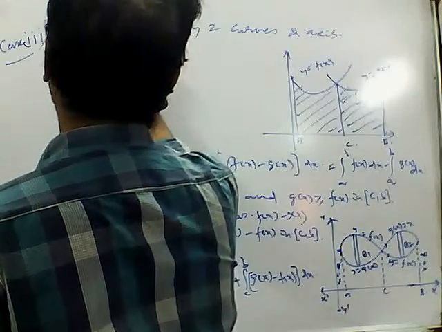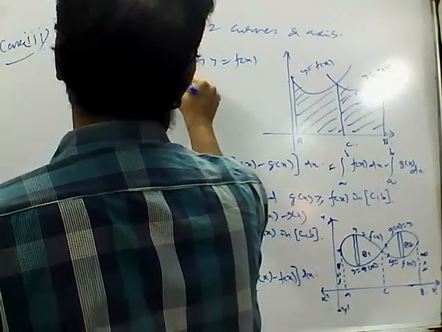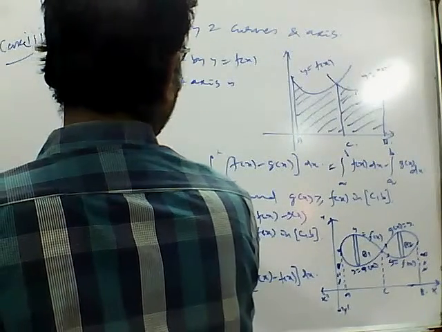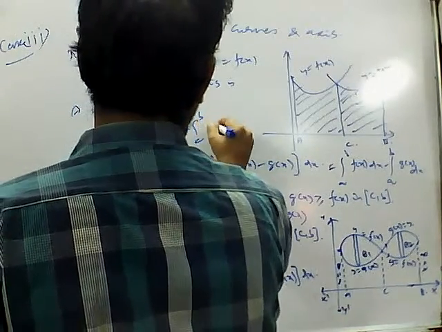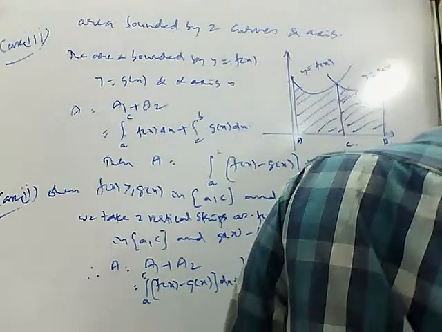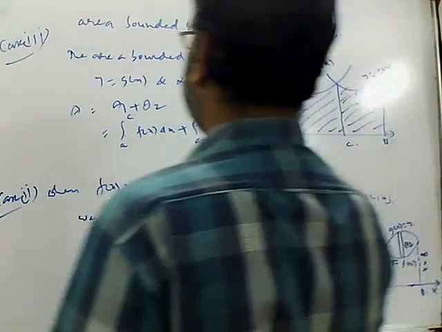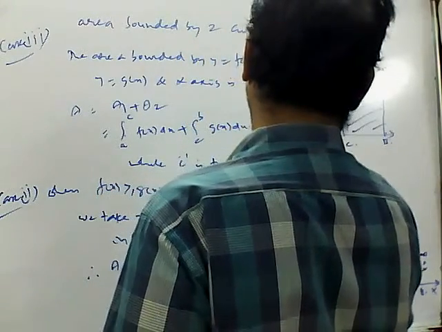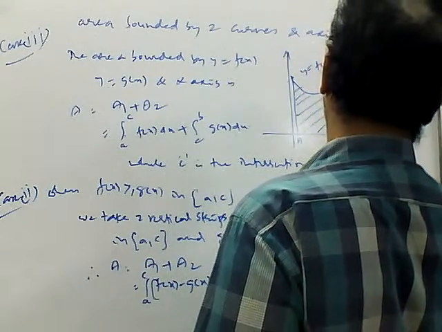The area bounded by y is equal to f of x, y is equal to g of x and the x-axis is A is equal to A1 plus A2, which is equal to integral a to c f of x dx plus integral c to b g of x dx, where C is the intersection point of y is equal to f of x and y is equal to g of x.